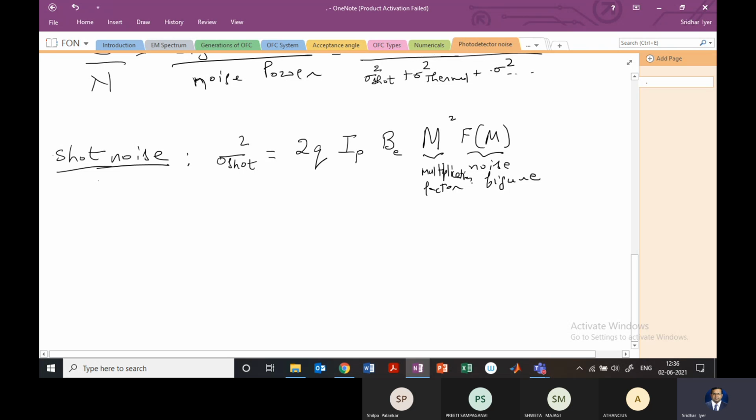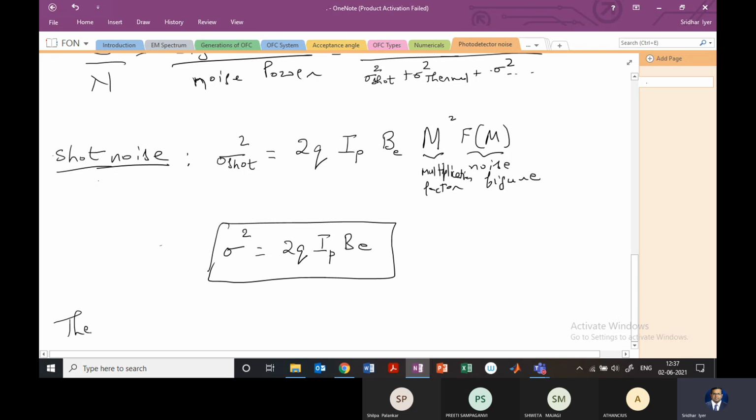So this is the mean square noise value for shot noise. Generally we'll be using the equation 2q I_P B_E because it is not going to have gain and the noise figure, but that depends on the numerical.